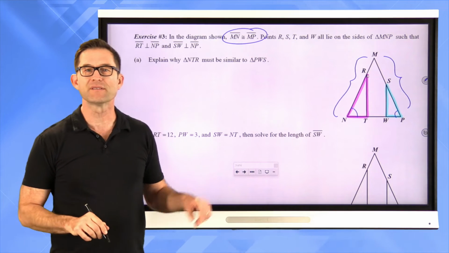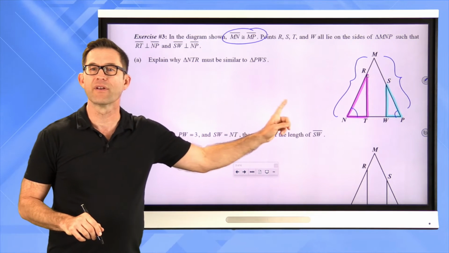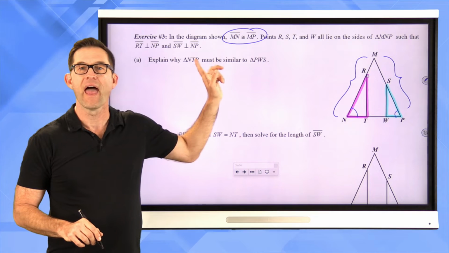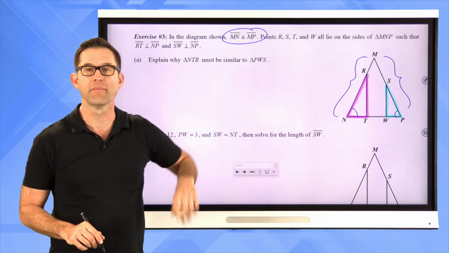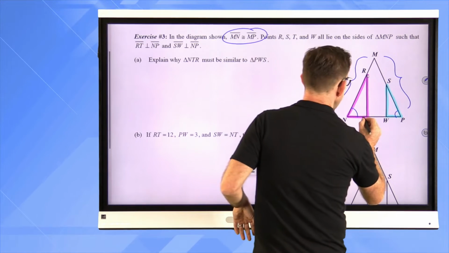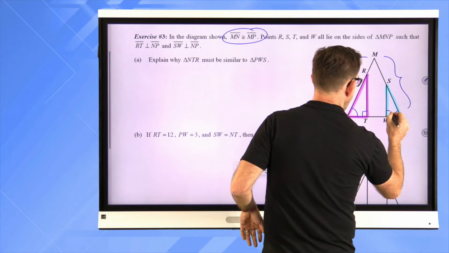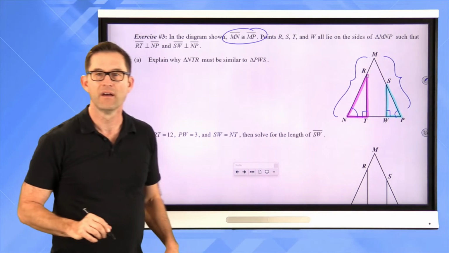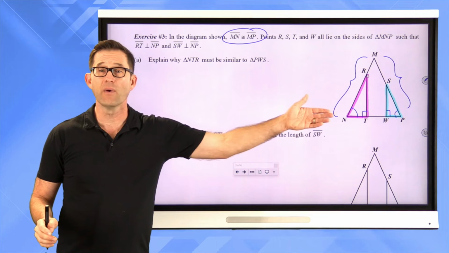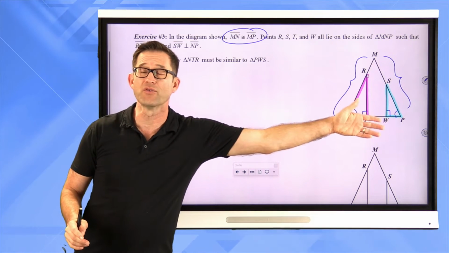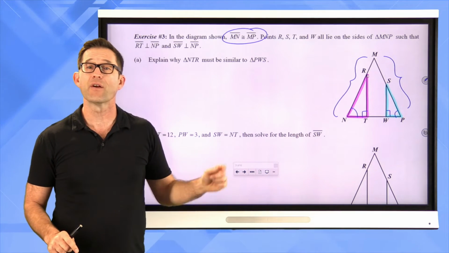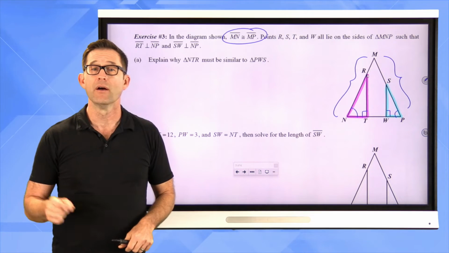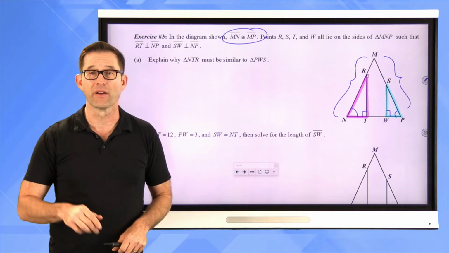Now the other piece, RT is perpendicular to NP and SW is perpendicular to NP. That means that this has got to be a right angle, and that's got to be a right angle. And therefore, I've got two angles in this triangle that are congruent to two angles in that triangle, and therefore the two triangles have to be similar by the angle-angle similarity theorem.